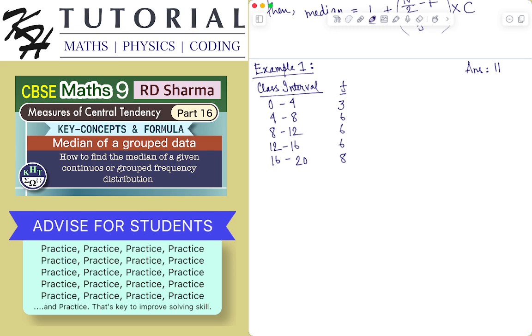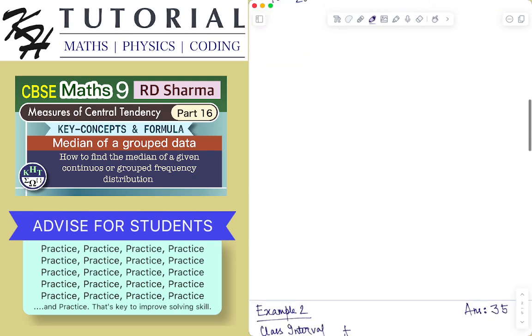So in that case, we say the class intervals are in the exclusive form. Meaning in the class 0 to 4, the value of 4 is not included, it is excluded. 4 is included in the next class, that is 4 to 8. So in this example the class intervals are in the exclusive form or continuous form.